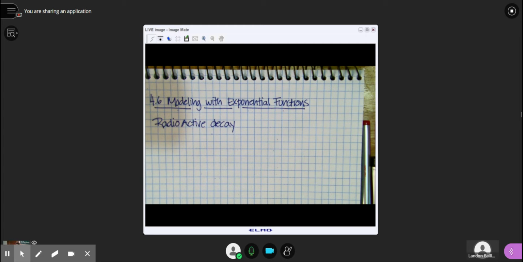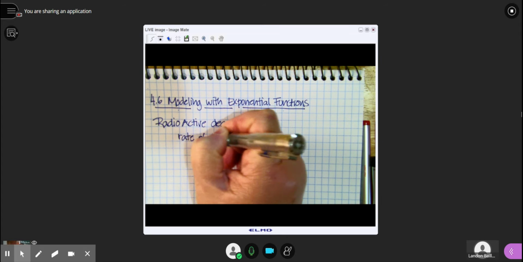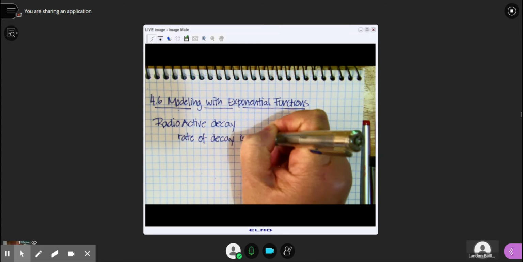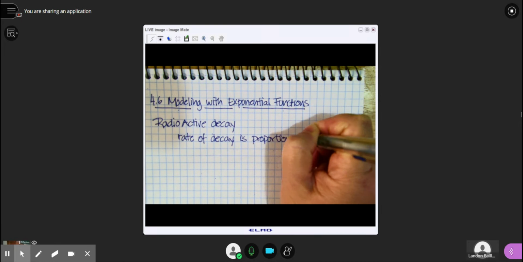When you have certain elements, they emit what's known as radiation. The rate at which they emit that radiation is known as the rate of decay. The rate of decay is proportional to the amount of material.